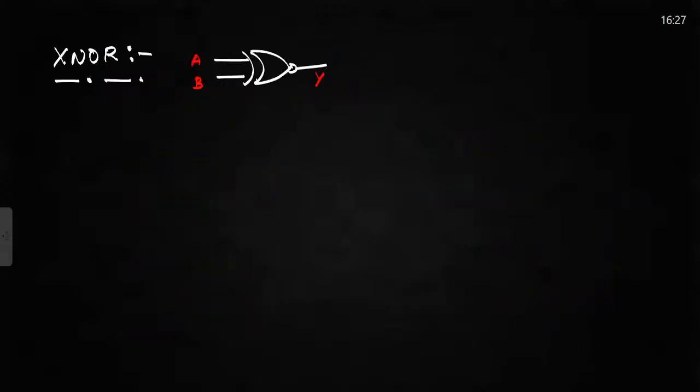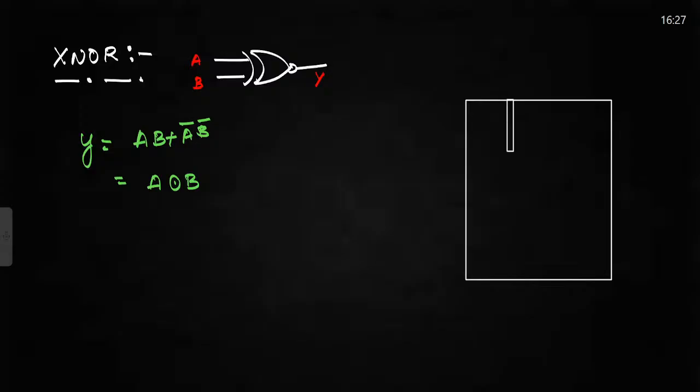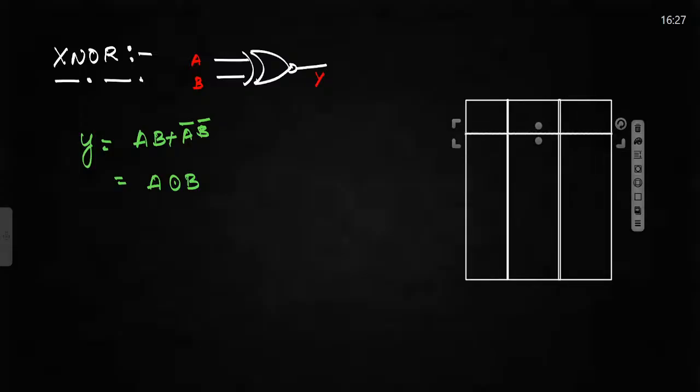Now let us learn for XNOR. XNOR output equation: Y is equal to AB plus A bar into B bar, or you can simply write A XNOR B. Now let us draw the truth table.